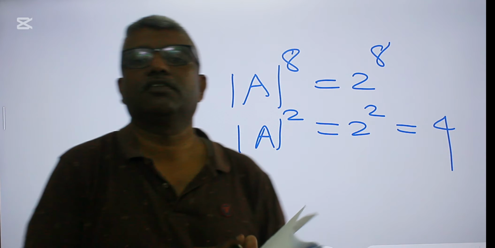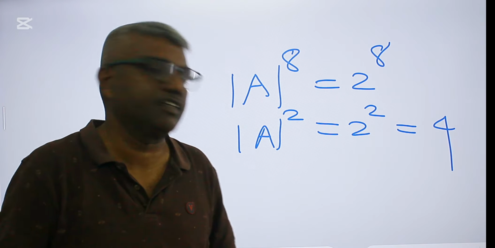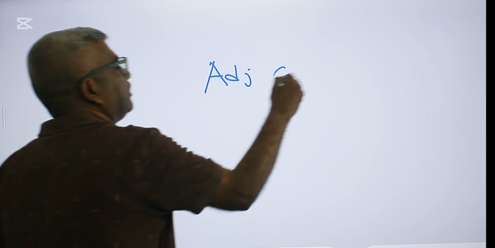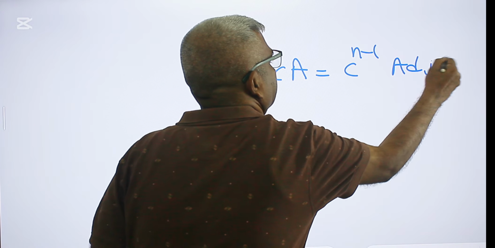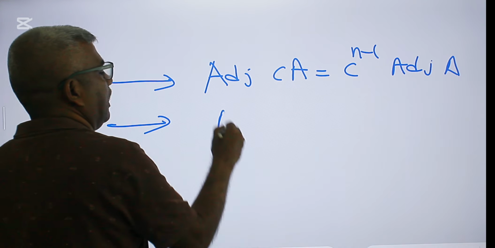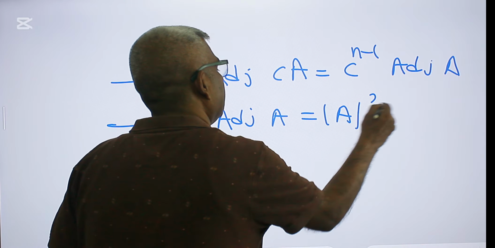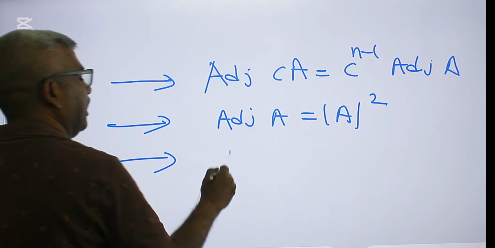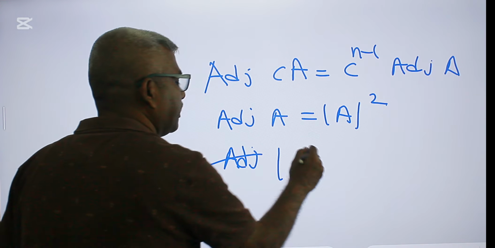There are 3 points you need to know. I have already given, again I am revising. Adjoint CA means C power n minus 1 adjoint A. This is point 1. Second point, adjoint A means A squared. Third point, adjoint anything, no need for adjoint.